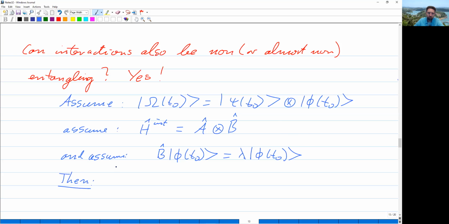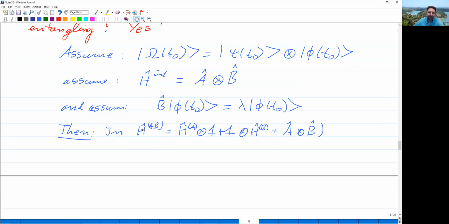Namely then, in the Hamiltonian H hat AB, which is equal to, if you remember, H hat A tensor 1 plus 1 tensor H hat B plus now A tensor B, when this Hamiltonian acts on our initial state, and in fact powers of it have to act on our state here, then what happens?